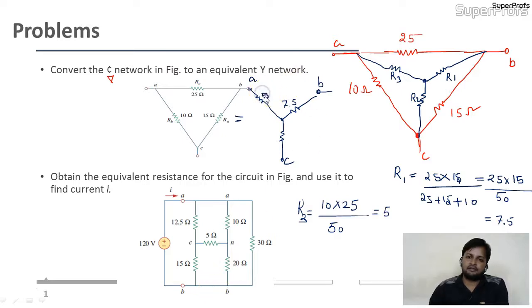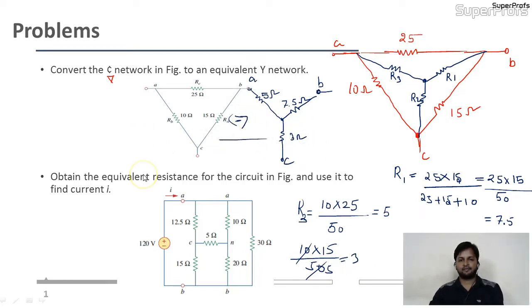So here in this branch we'll mention 5. This is 7.5. Come here. 10 into 15 divided by 50. So it's 5 and 3 times, so this is 3 ohm. This is the equivalent circuit of this.